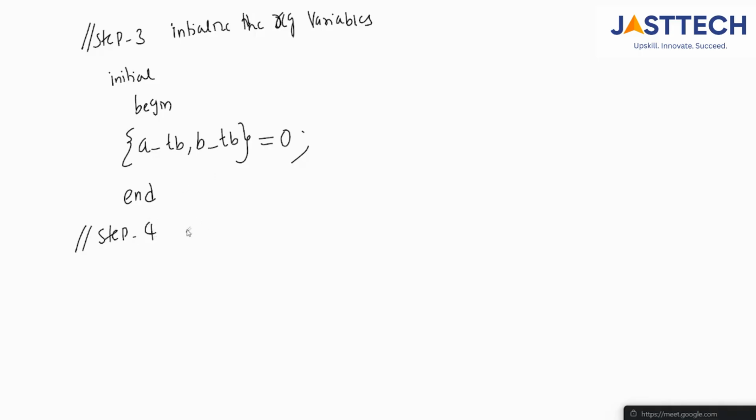Step 4: driving the inputs for the design, giving the stimulus. How are you driving the inputs? I need to start with initial. As I told you, initial is non-synthesizable. We can't convert it into hardware.